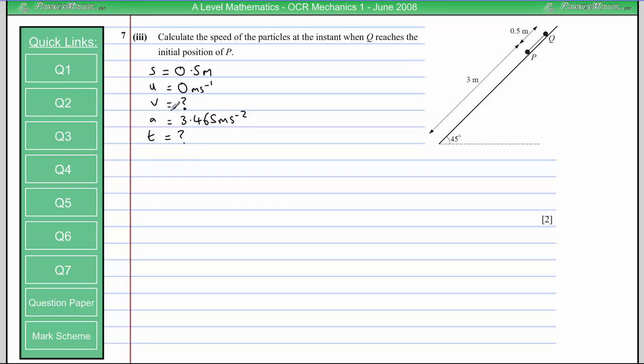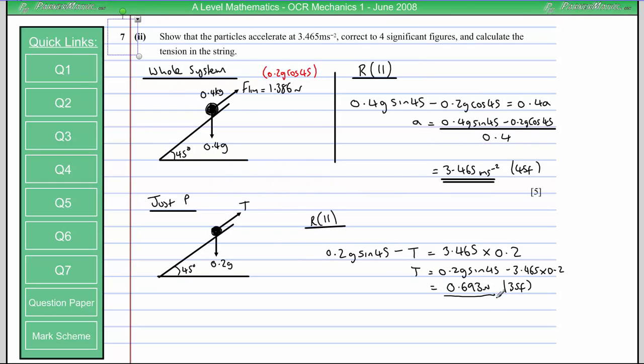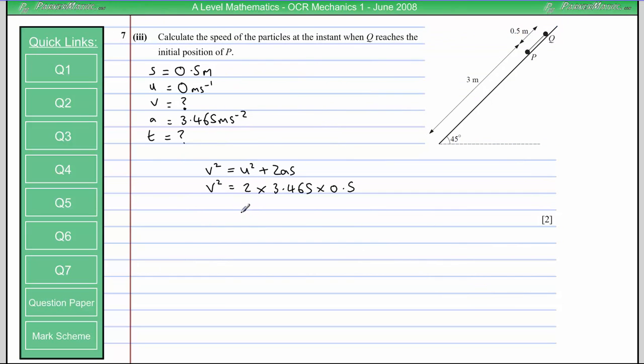So we're looking to find V in an equation that involves S, U, V and A. The equation we want is V squared equals U squared plus 2AS. V squared is our unknown. U squared is 0, so we can ignore that. So we've got two lots of 3.465 multiplied by 0.5. Now ideally we would want the exact value for this 3.465 bit in our calculator, but unfortunately in the last question we did another calculation since that, so it won't be stored directly as the answer button in our calculator.